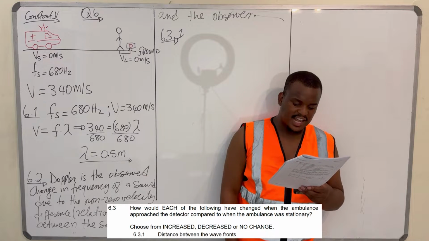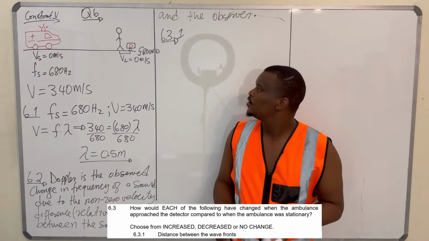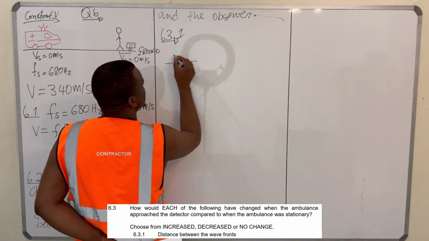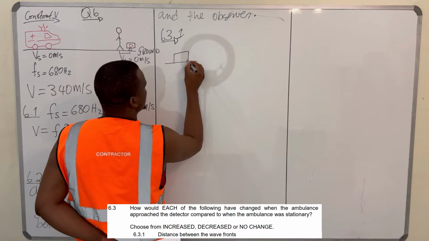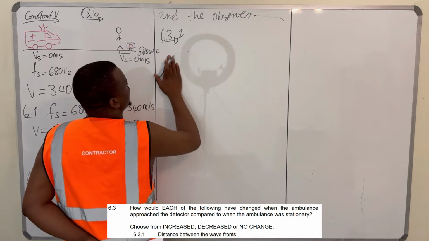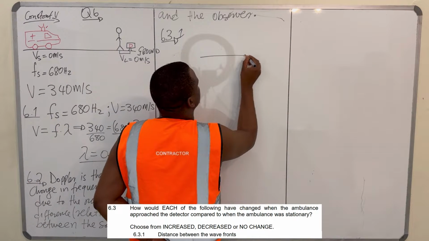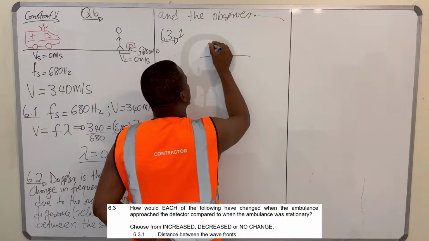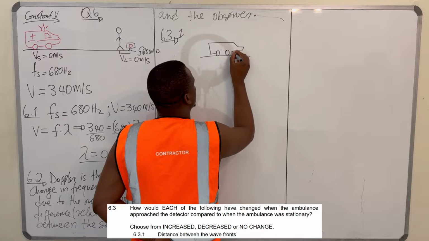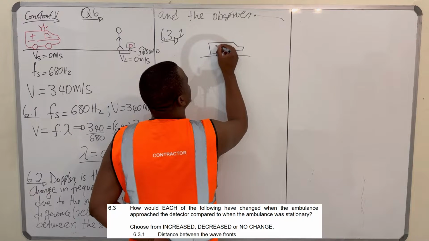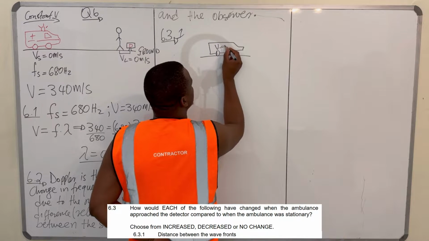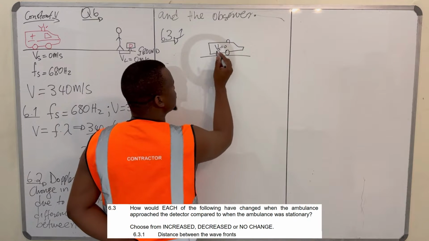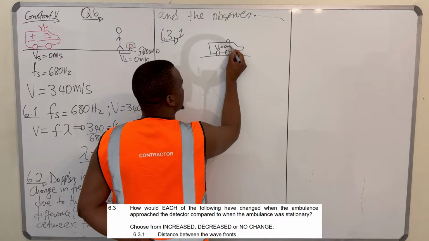They're asking the distance between wavefronts, right? So when your ambulance is stationary, let's say this is your ambulance here. Let's say your ambulance is stationary, so the velocity of the source is 0 meters per second.